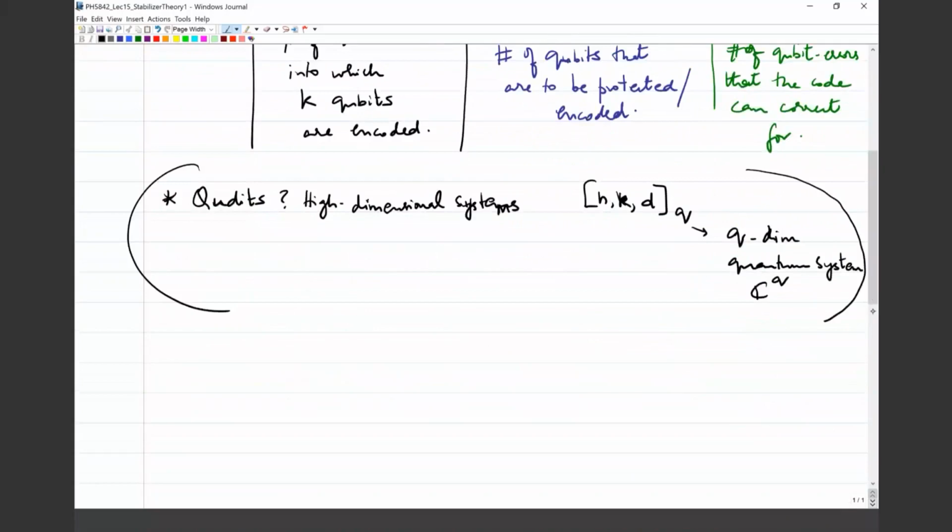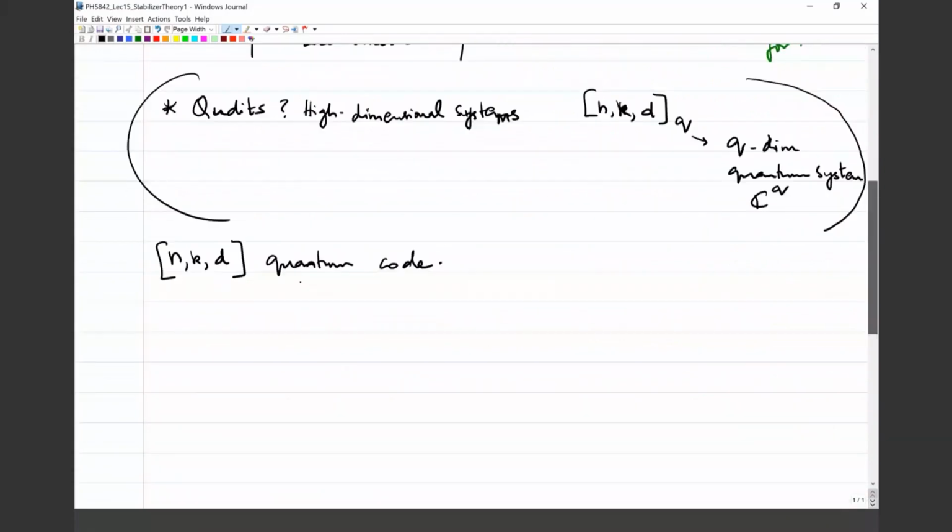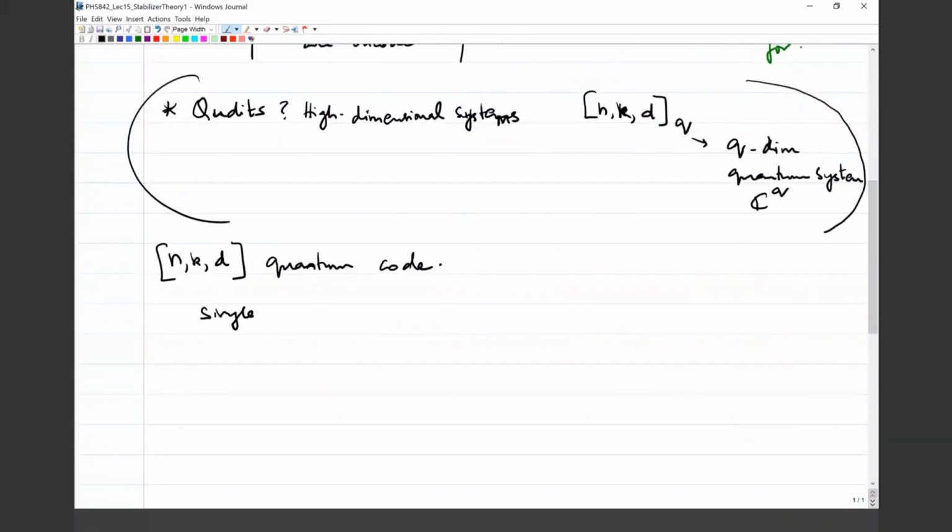So let's talk about an [[n, k, d]] quantum code. So you're starting with qubits. Of course, a single qubit is C^2, right? The associated Hilbert space is just C^2. Now we're talking about starting with k qubits.